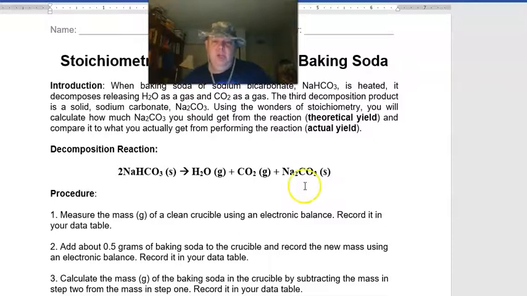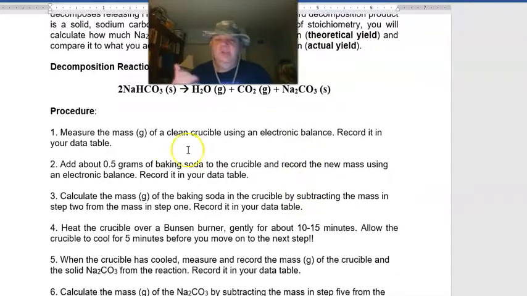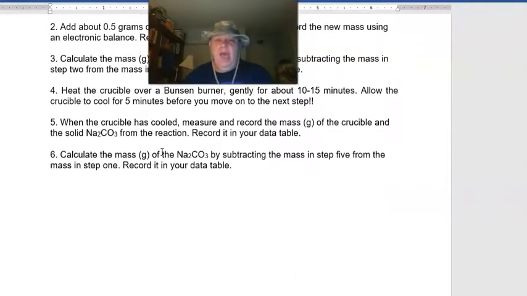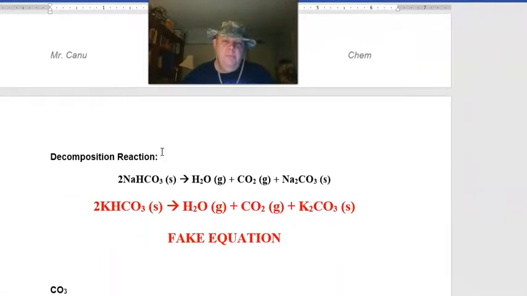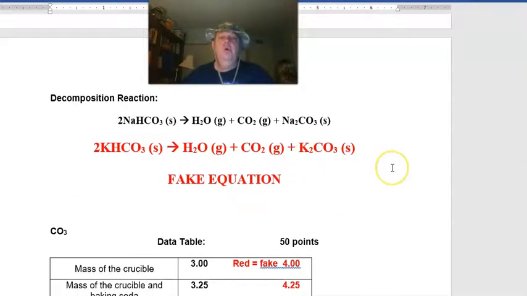The procedure just tells you how we were going to do the lab. Now we're going to work with the fake equation using fake data, and it's in red, so you'll know not to use it. You want to use the black numbers on your original copy.